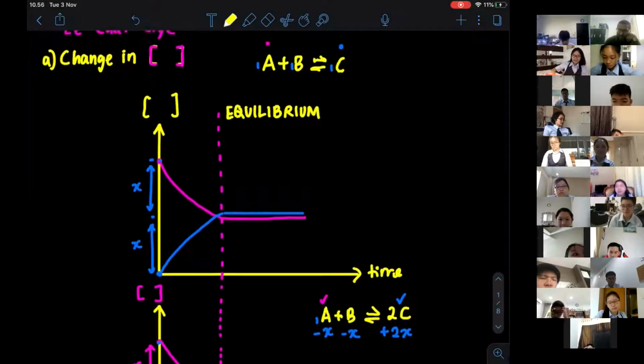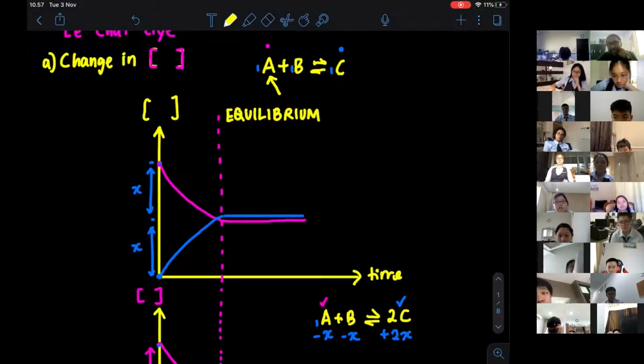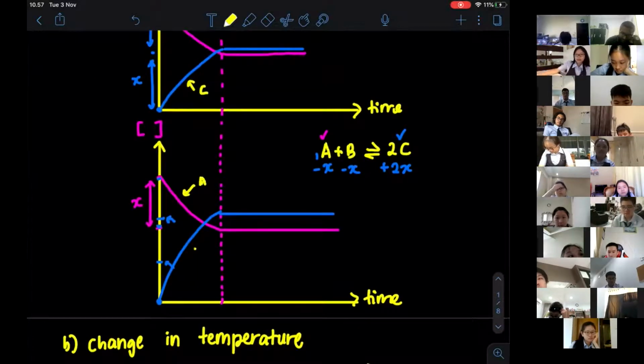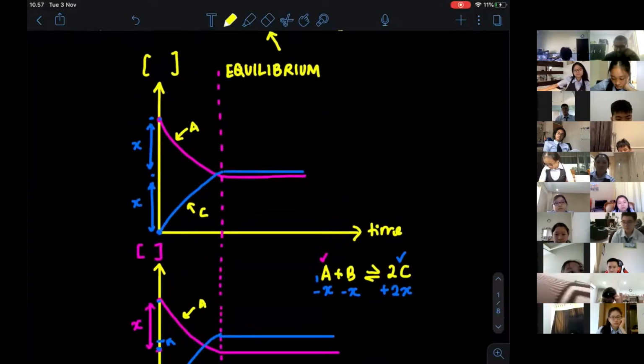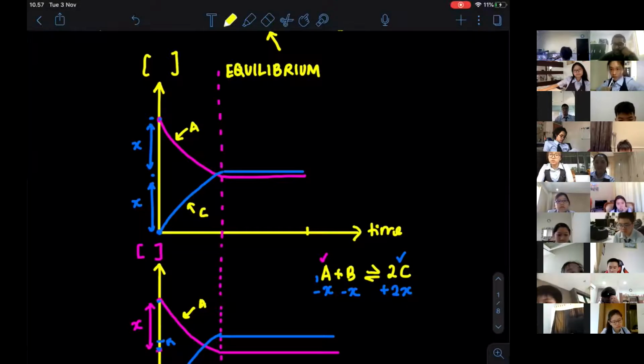Let's say I am going to increase the concentration of A. This was a closed system, but now I'm going to increase the concentration of A. Just to make it easier to see, this is A, this is C. If I want to increase the concentration and make it double at this particular time, how to make it double?